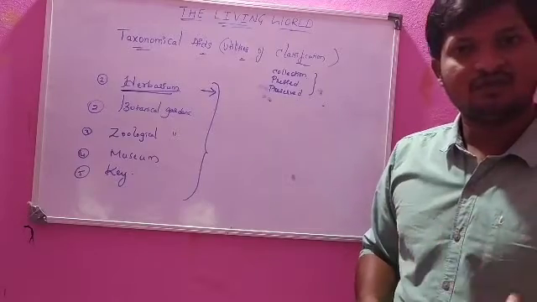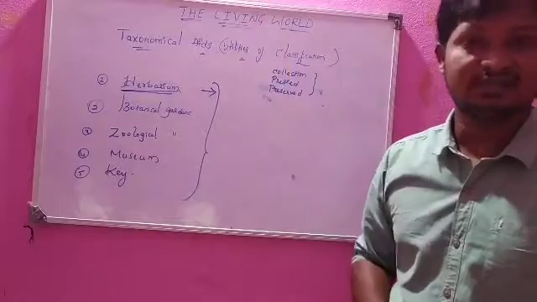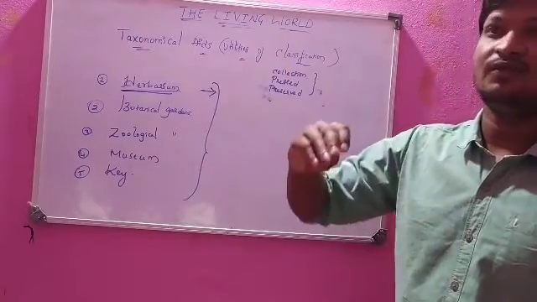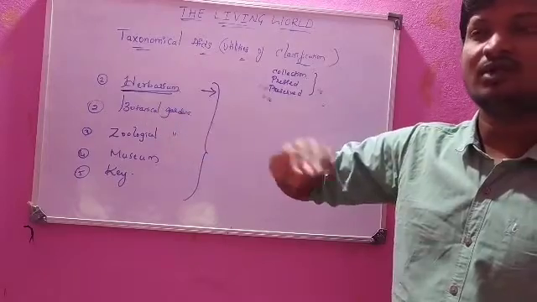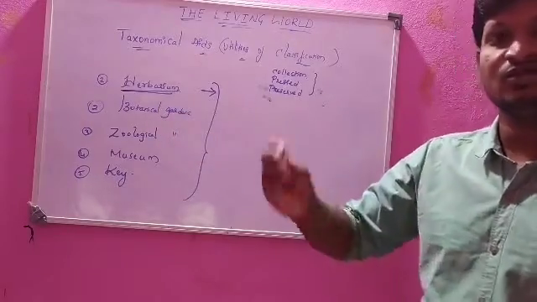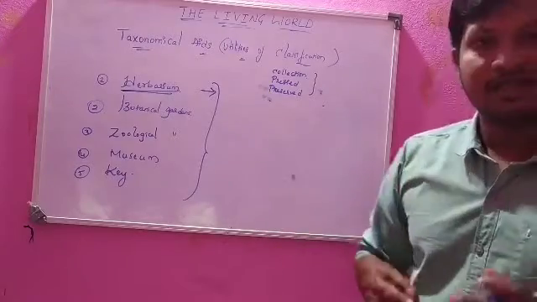For example, if you take one plant, you can store it for several years. Even after 100 years we can study that plant, in which group it is categorized and what its importance is.